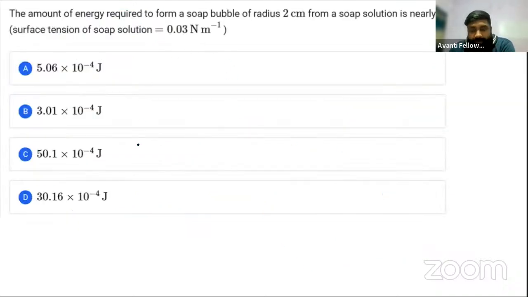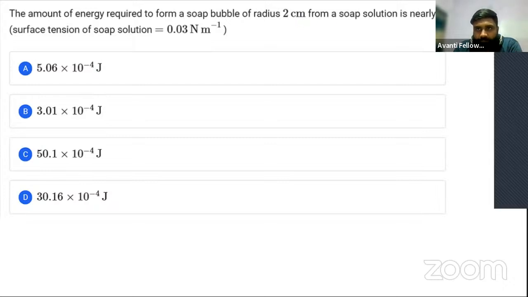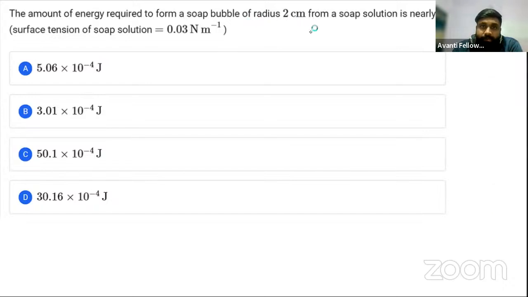Now, this question is from surface tension topic. The amount of energy required to form a soap bubble of radius 2 centimeter from a soap solution is nearly. Okay.